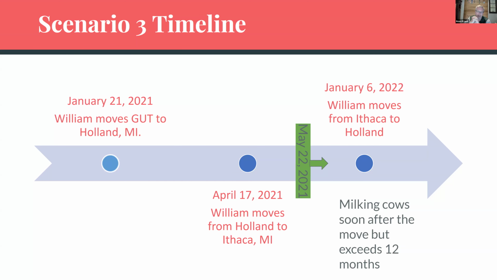However, for work to be qualifying, it has to be in agriculture or fishing, which milking cows is definitely agricultural. There's no debate there, hopefully. However, it has to also be seasonal or temporary. And the worker, in this case, has been working there longer than 12 months.